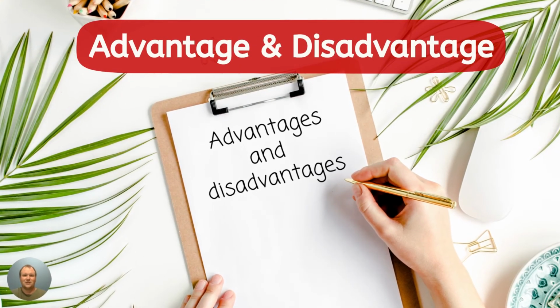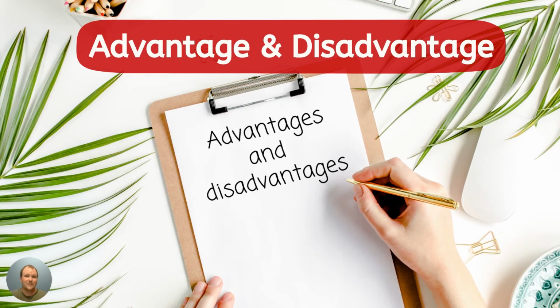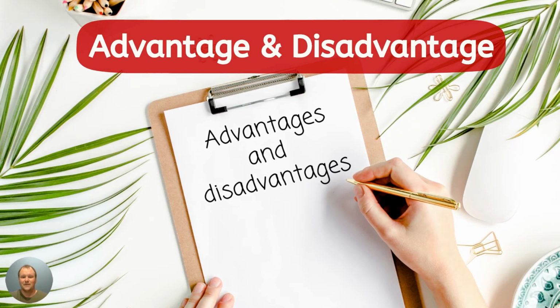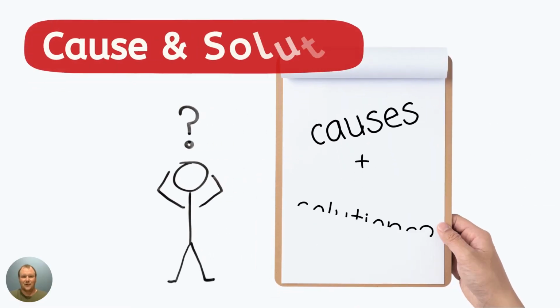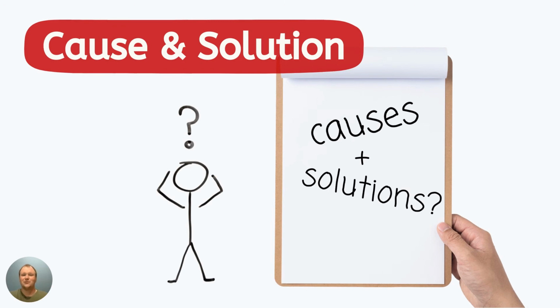Also the advantages and disadvantages of something that has been provided to us. And another option could be causes and solutions. Now, similarly to the task 1 diagrams, you might have a mixture of all of these. So because of that, we have to practice all of them.